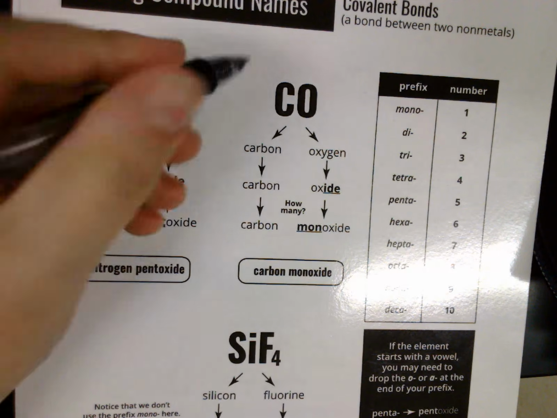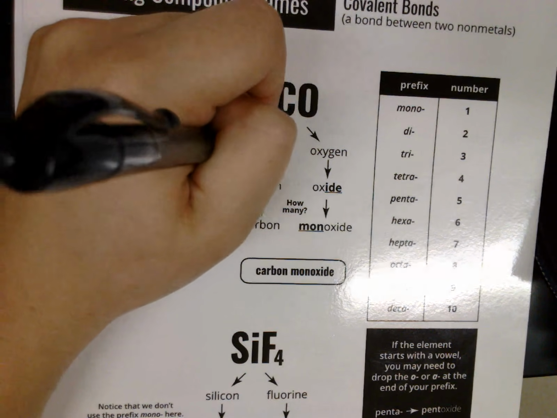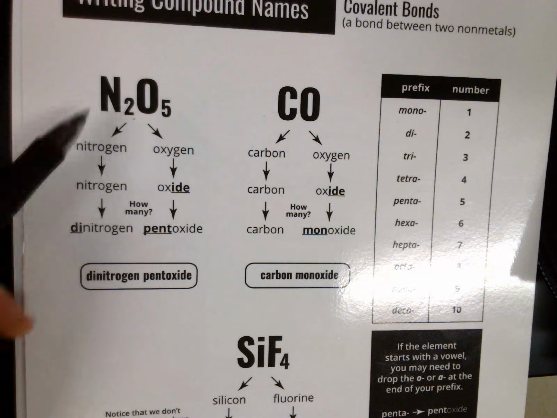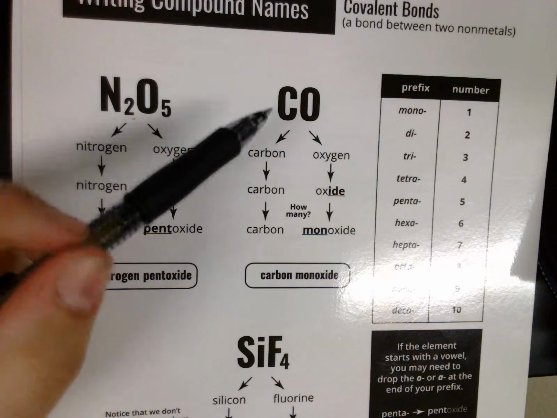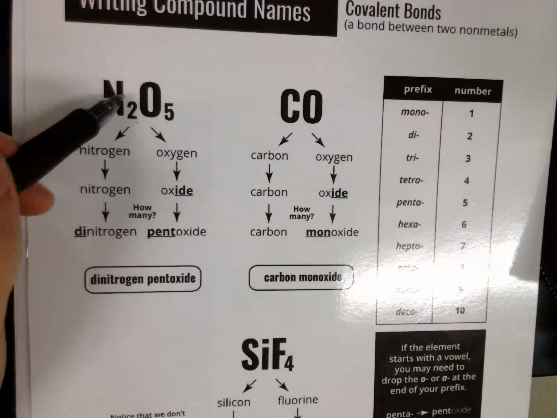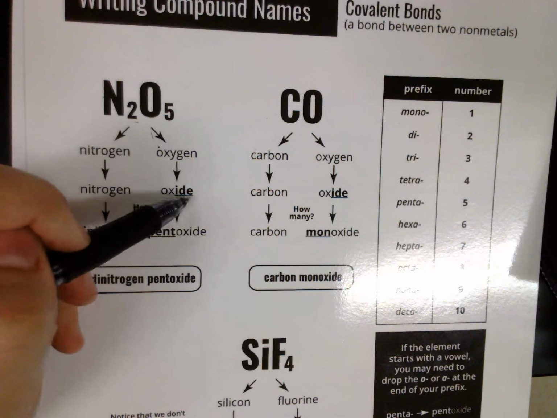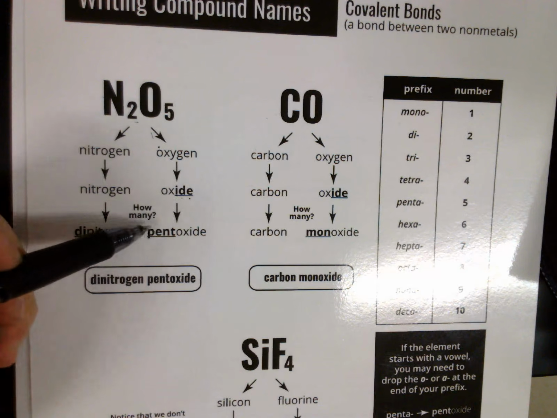So first you identify what the element symbol name is, and that first one goes straight down unless you have a multiple. Then you name the second one, replace the back letters with IDE, and you put your prefix.